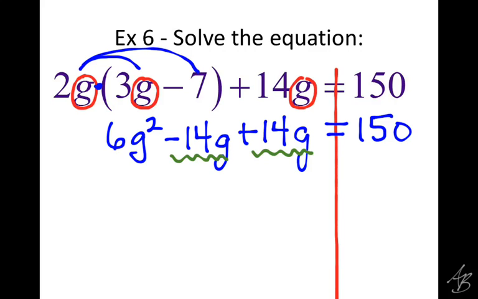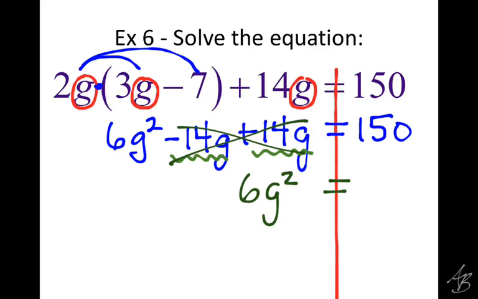So what is negative 14g plus 14g? It's 0, right? Those actually cancel each other out. Remember, if we want to get rid of a minus 14g, we could add 14g on. So these two are going to be 0, and they're gone. So what does that leave? 6g squared.